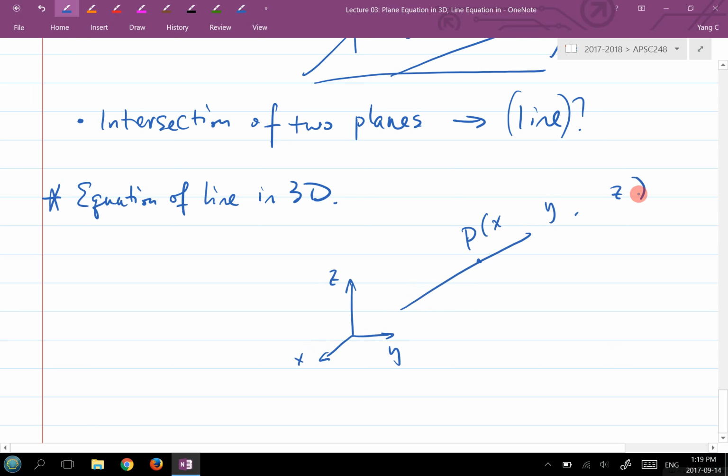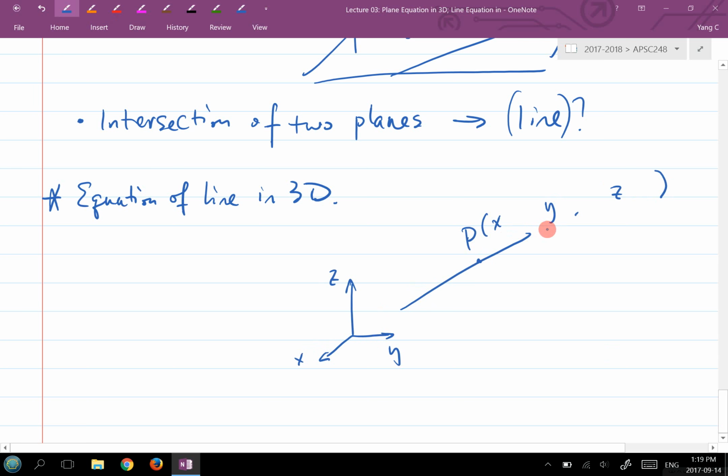I purposely left a little bit of room after x, y, z. So what do we want? Of course, you bear in mind what you really want. You want mathematical expressions for x, y, z such that the expressions will be able to describe this line here, right? So that's the purpose.